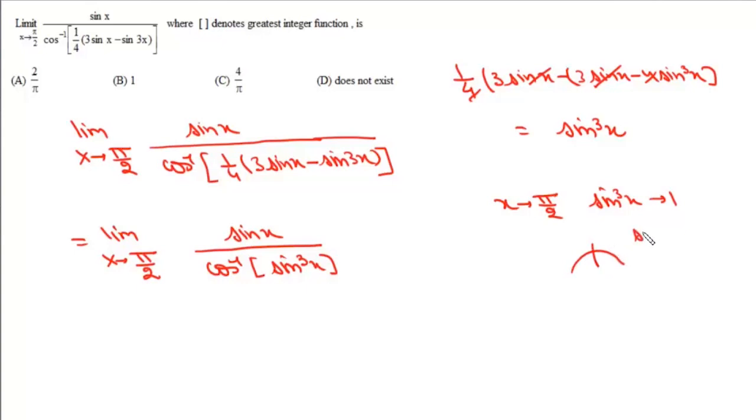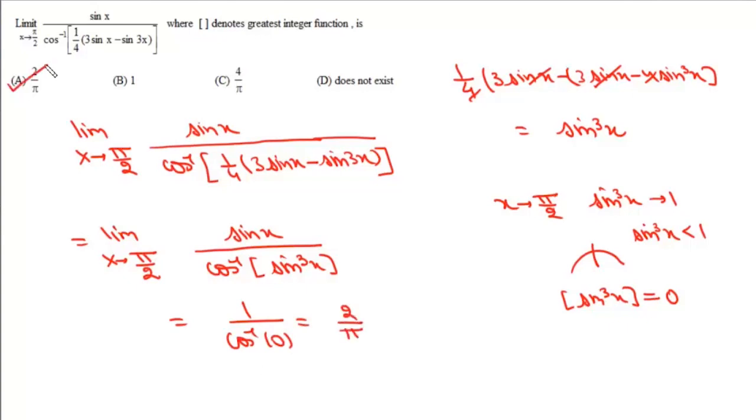So this sin cube x is nearly 1 but less than 1. In that case, the greatest integer function of sin cube x will be nothing but 0. So it will be sin pi by 2, 1, and then cos inverse 0, and cos inverse 0 is pi by 2. So the answer to this limit will be 2 upon pi, and that's your option A.